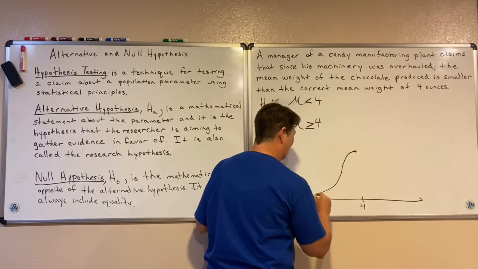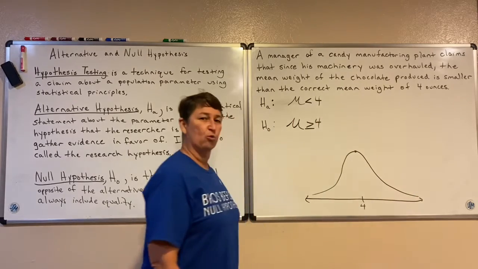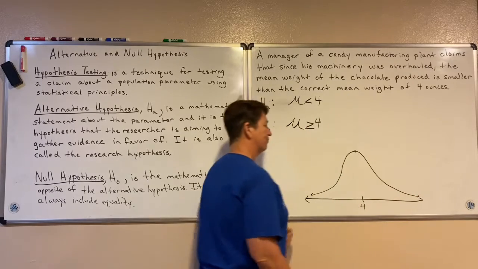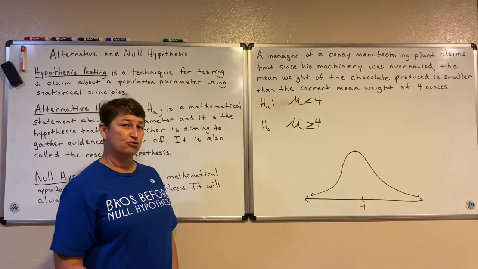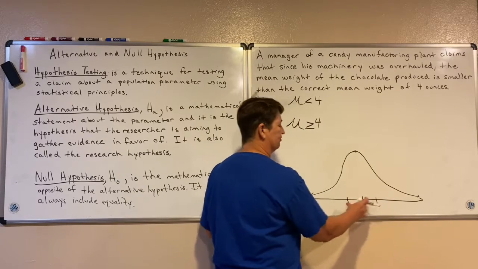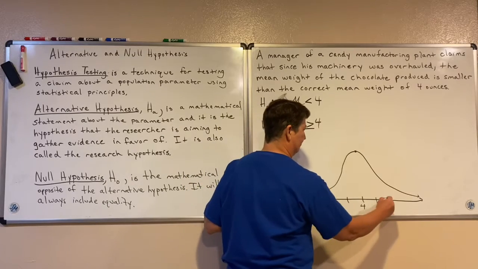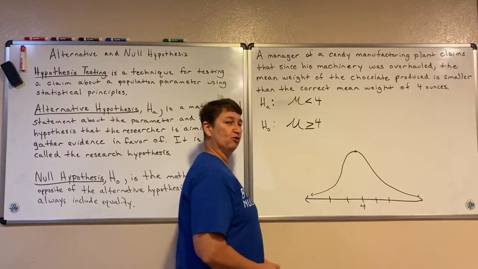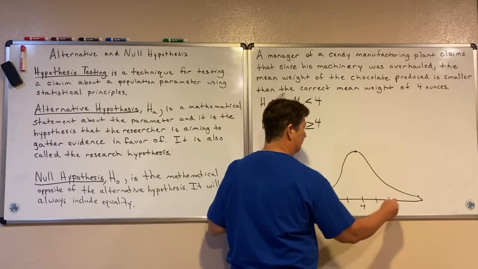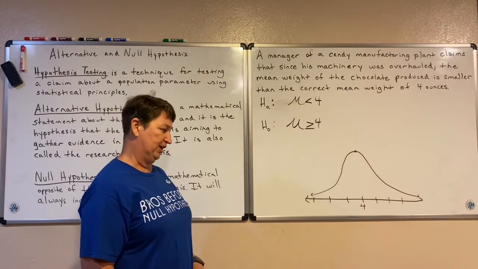So if the population mean is 4, then we would expect the mean of the sampling distribution to also be 4. Then we created those confidence intervals where if we go out 68% confident, we'd be going out 1 standard deviation. If we're at a 95% confidence level, then we'd be going out 2 standard deviations. And if we're at a 99.7% confidence level, then we'd be going out 3 standard deviations.